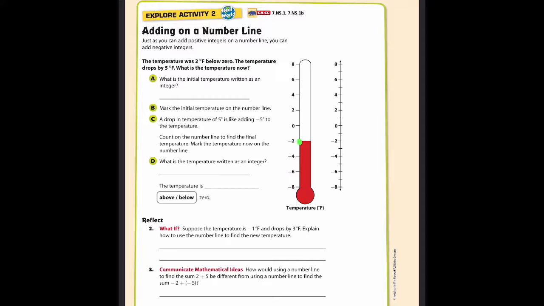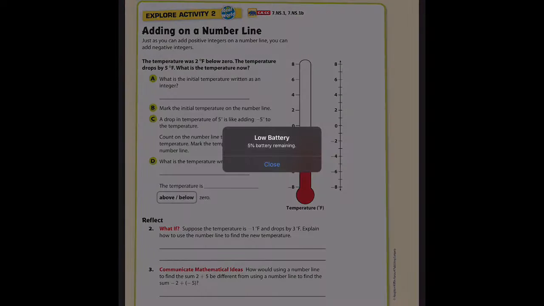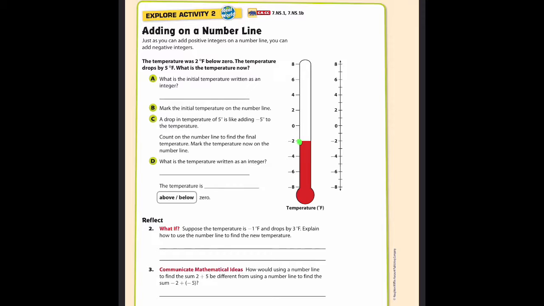So we had to use the number line, and then there's this other number line on the side that we can also use. So we start at -2 and we jump down 5 times because the temperature dropped 5. So 1, 2, 3, 4, 5. This would be -7. That would be our answer.